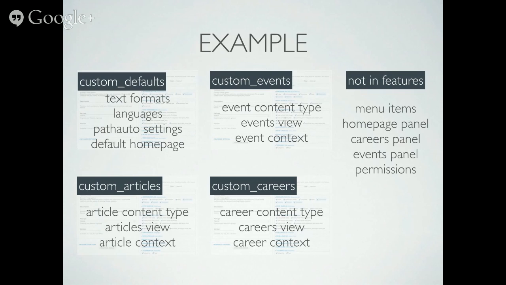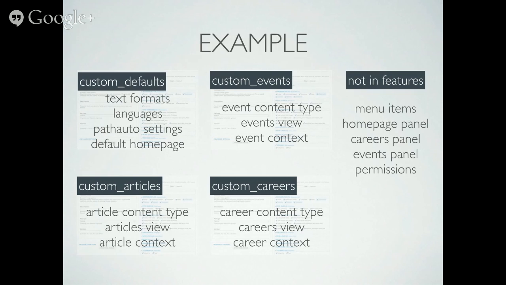So for this example, we have a separate feature for the defaults for the site that has all the variables in it. We have one for events, a careers section, and an articles section. And then stuff that you might not want to put into features would be things like menu items, because admins might want to change those, reorder the items, change what gets linked to.